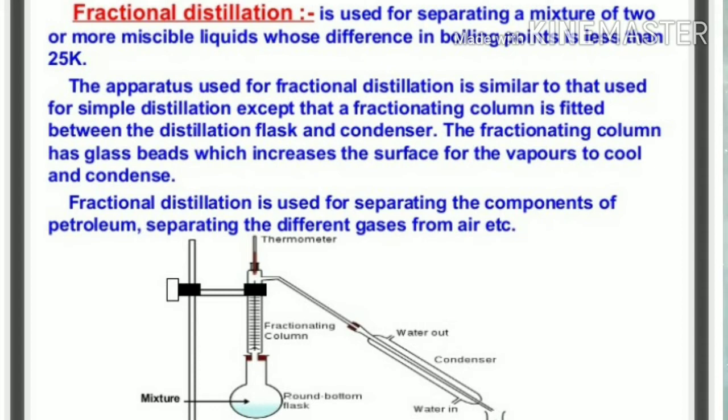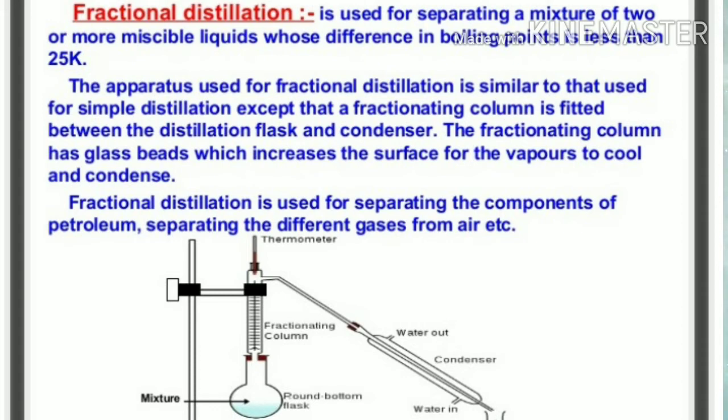The apparatus used for fractional distillation is similar to the setup used for simple distillation, except that a separate column called a fractionating column is fitted between the distillation flask and the condenser.